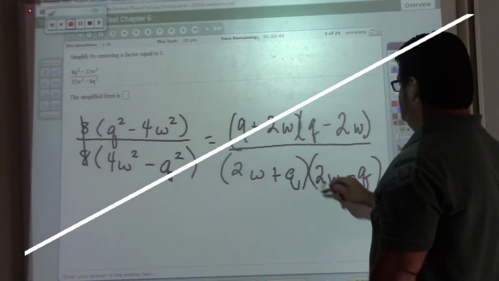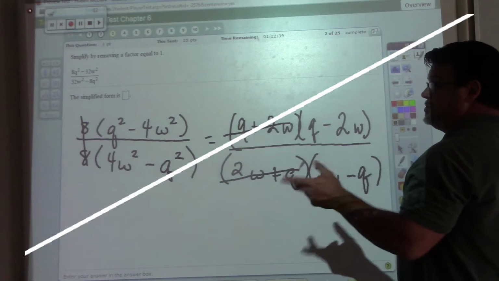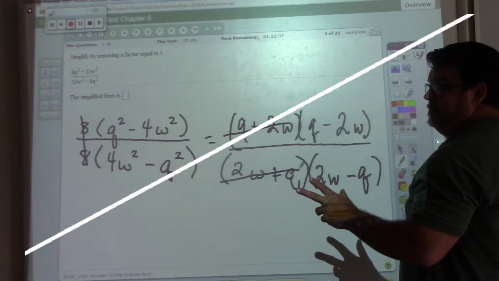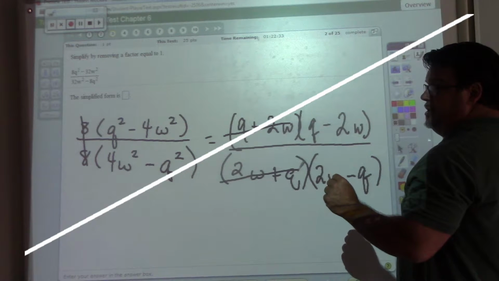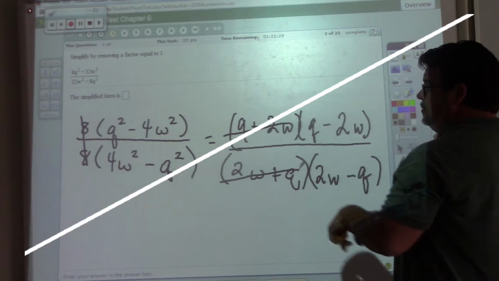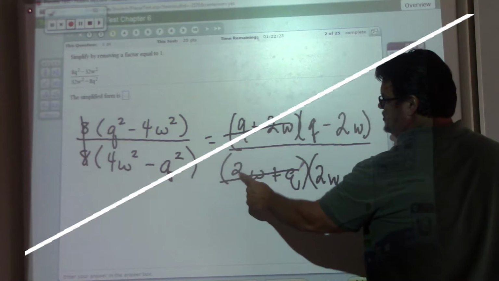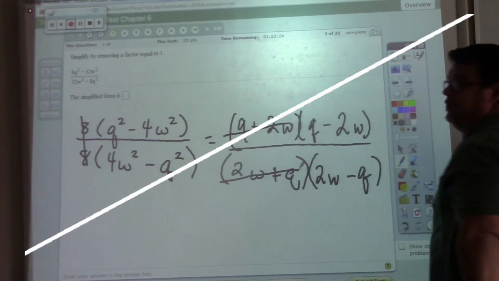Which ones cancel? Those two, because addition is what? Commutative, that's right. So a plus b is the same as b plus a. You can knock these two out.